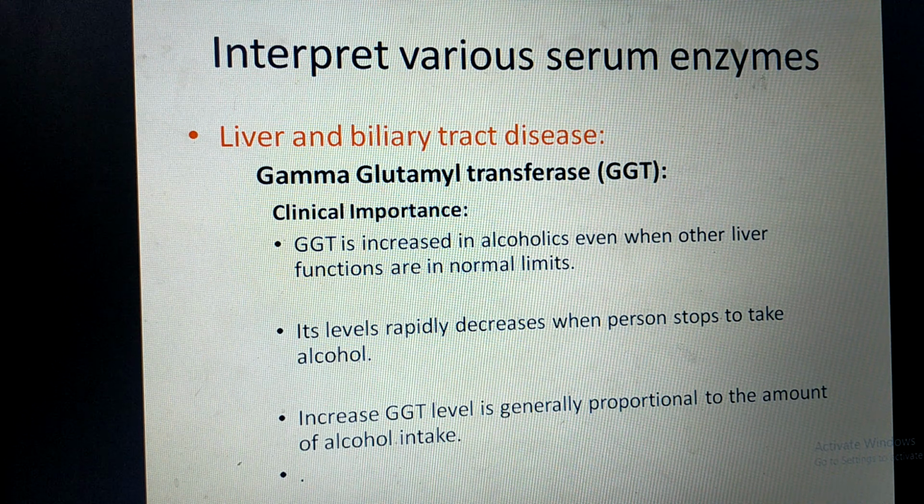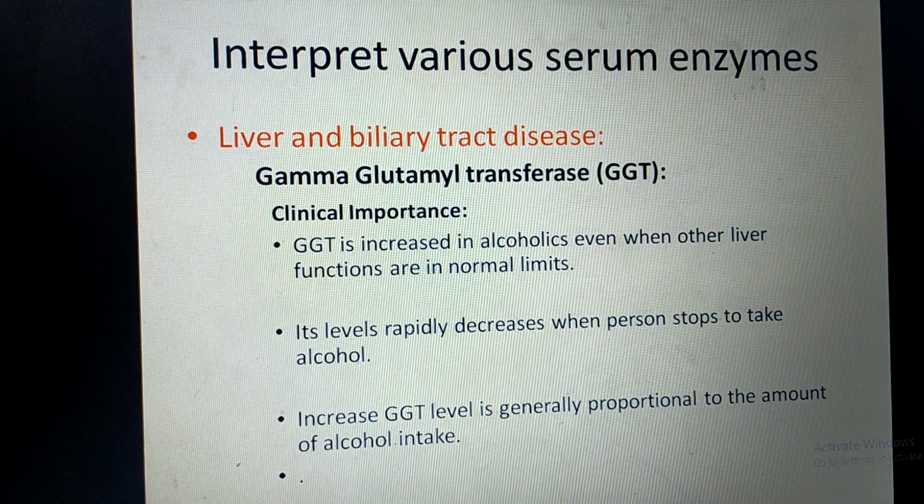Its level also falls rapidly as soon as the person stops intake of alcohol. So GGT tells us about the alcohol intake of the patient. Increase in GGT level is generally proportional to the amount of alcohol intake.